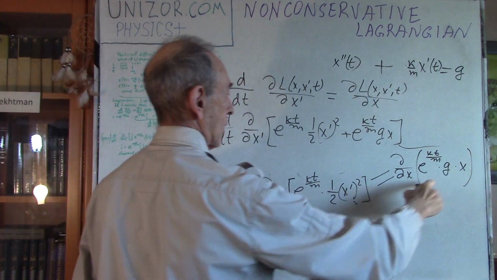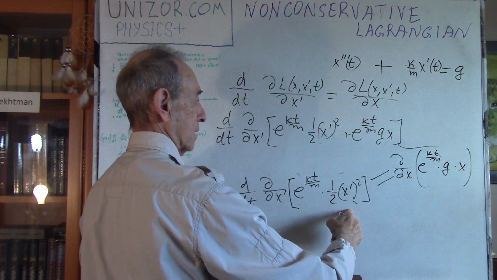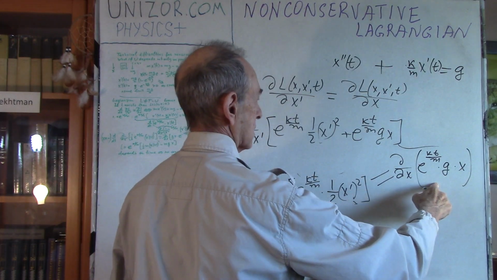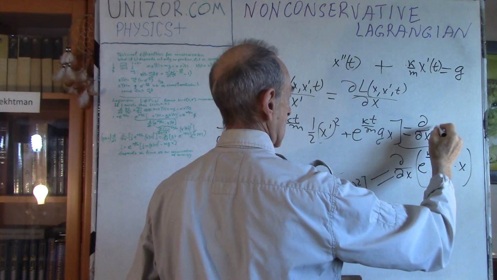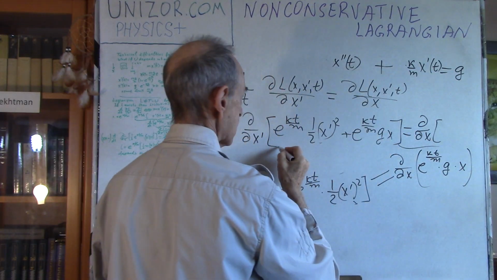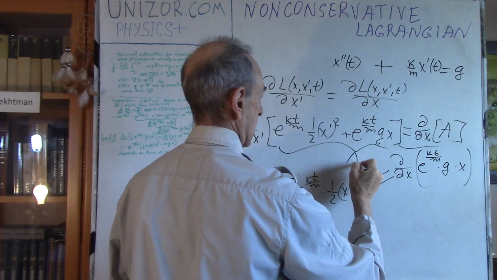Now, on the right side, I have the partial derivative by x. This thing doesn't really depend on x, so I can add this to this. And that would be d/dx of, again, the same thing.